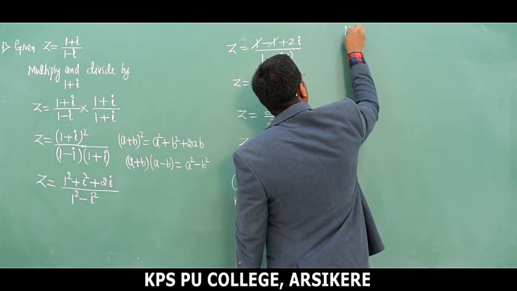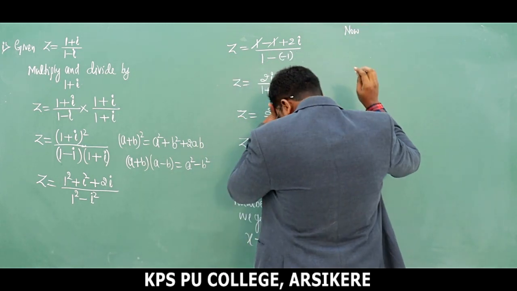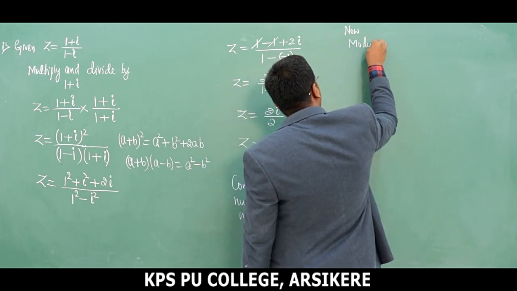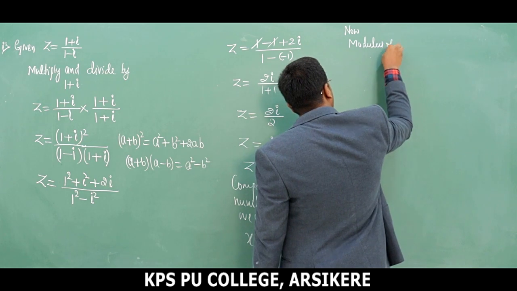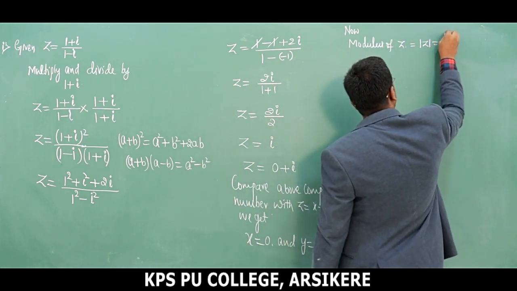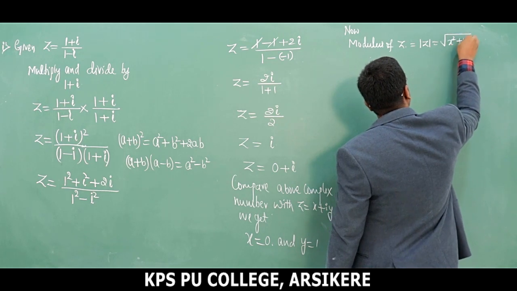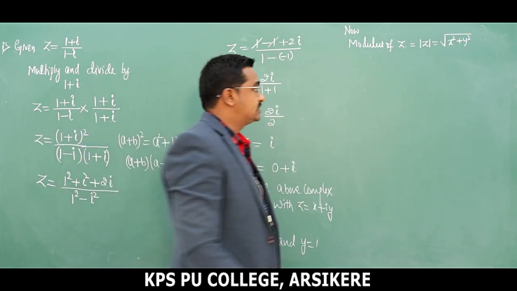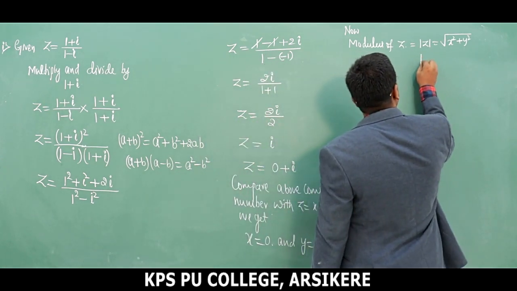So now modulus of z is equal to mod z. Here we have square root of x square plus y square. Just substitute the values of x and y.